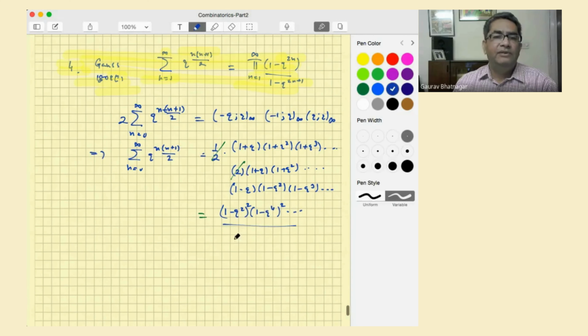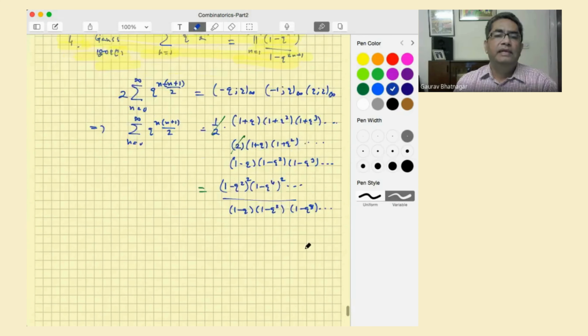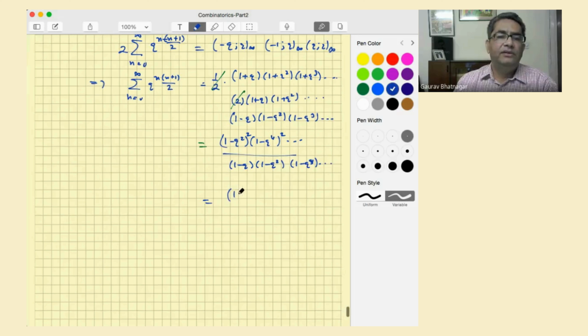Except that I have something now in the denominator. Q cubed and so on. And now I cancel this one extra term. So I've canceled the 1 minus q square, but I have 1 minus q cubed, 1 minus q to the 5, and so on.